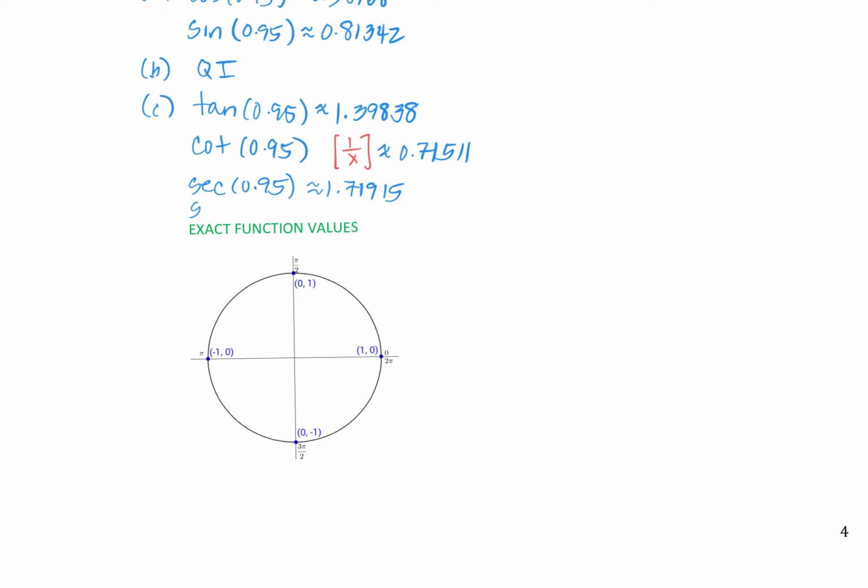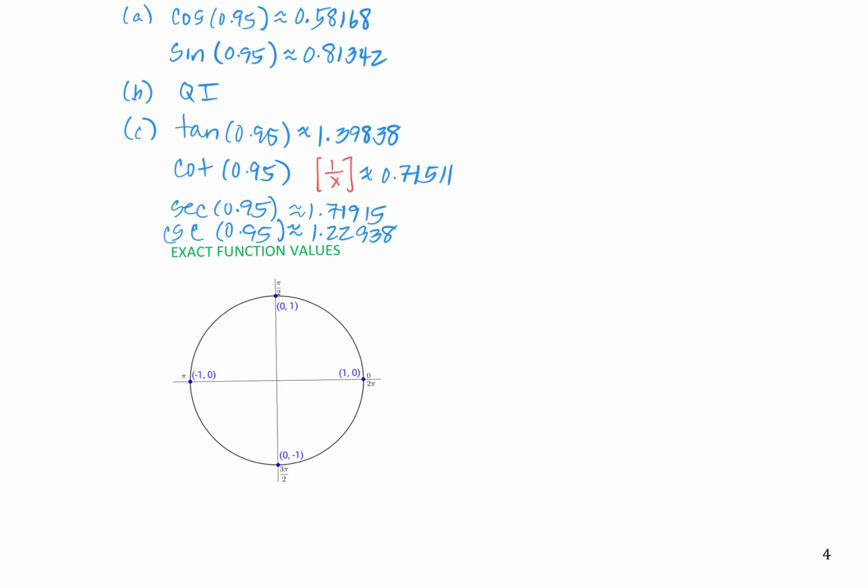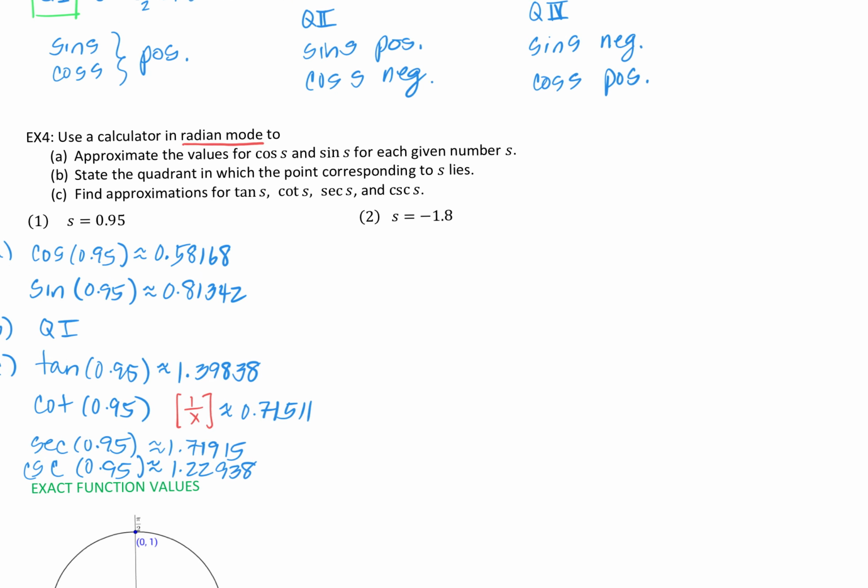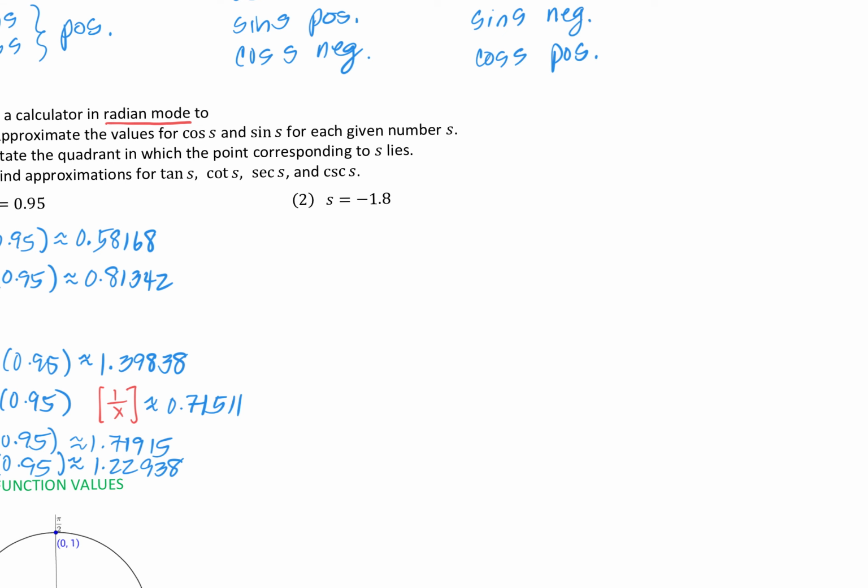And let's see, I'm going to squish cosecant in here. Cosecant is the reciprocal of sine. So put in sine of 0.95 and do the 1/x, and you should get 1.22938. Double check me, because I might have accidentally gotten out of radians and went back into degrees in my calculator because it turned off during this video.